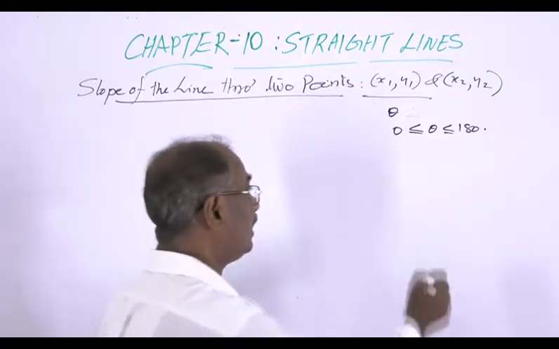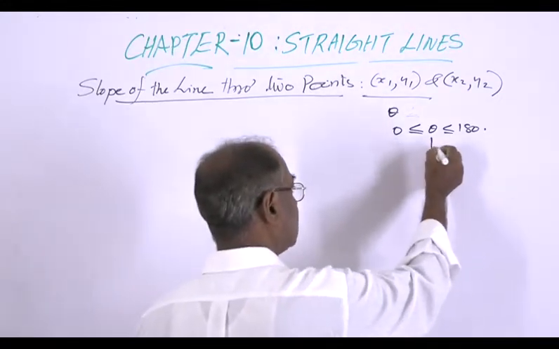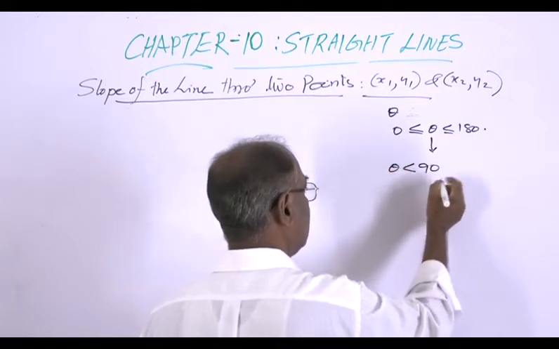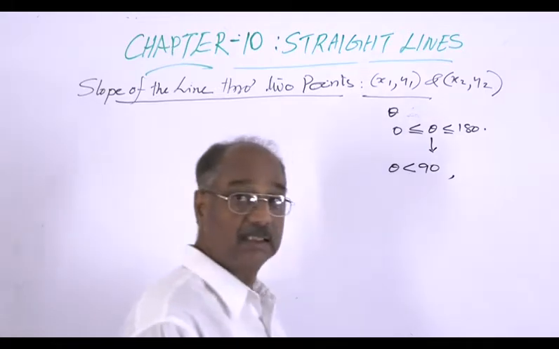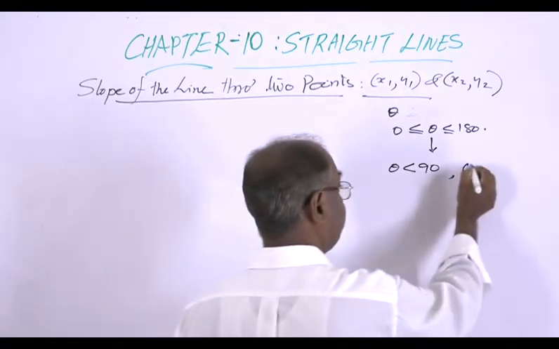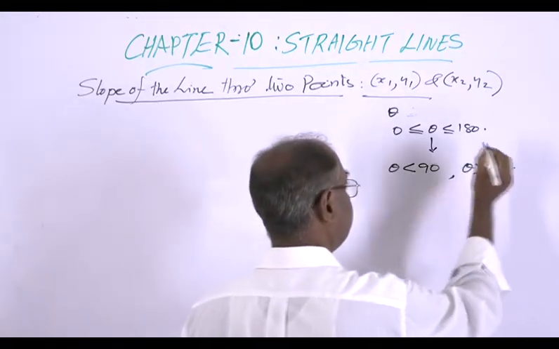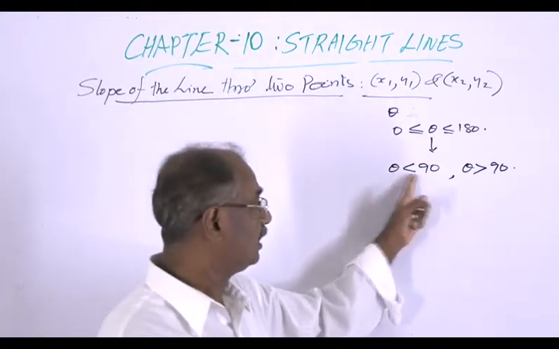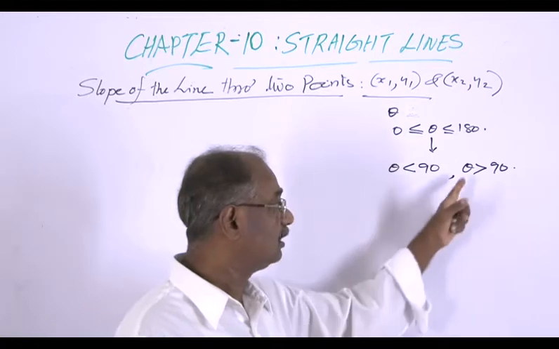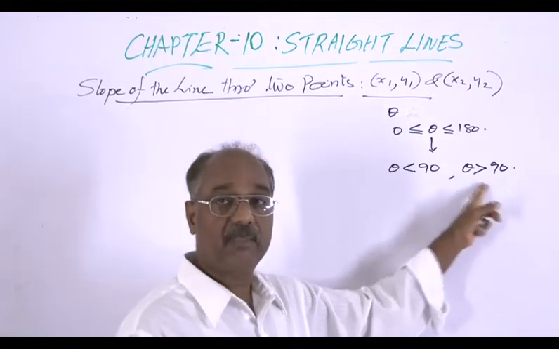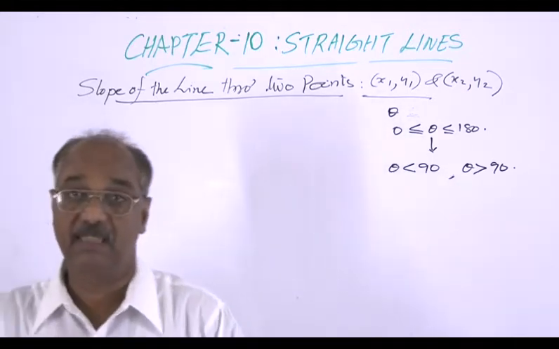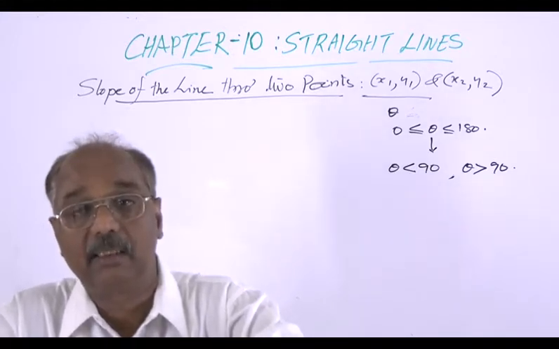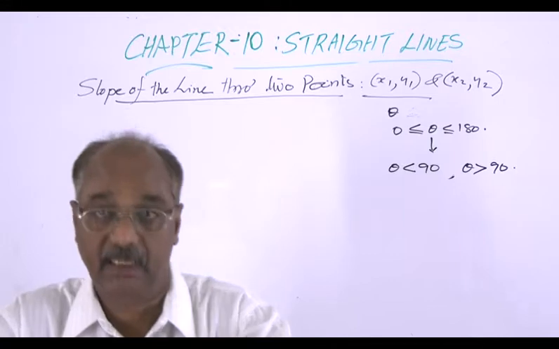Then we divide this into 2 situations: one, theta less than 90, lying between 0 and 90, that is theta acute angle; and the other, theta greater than 90, lying between 90 and 180, that is theta obtuse angle.